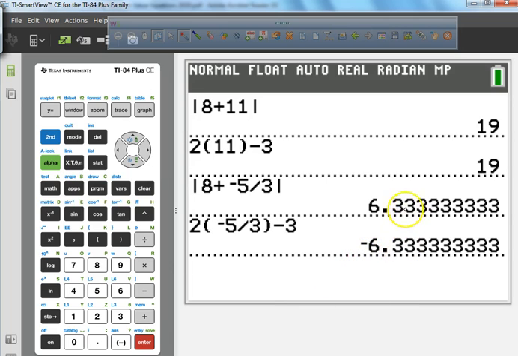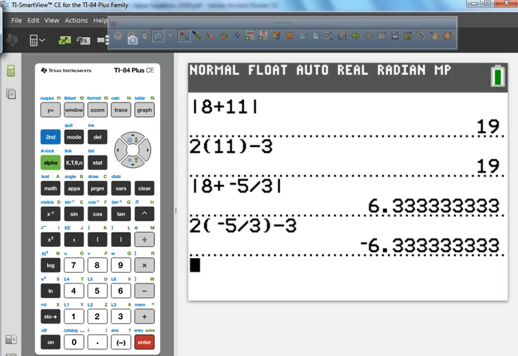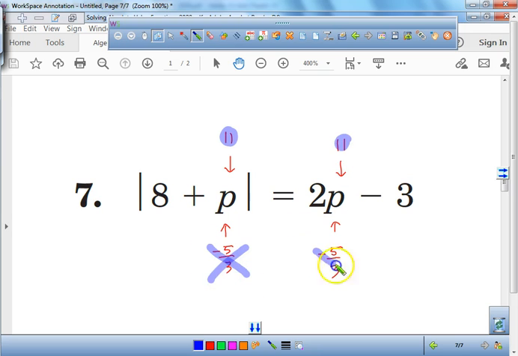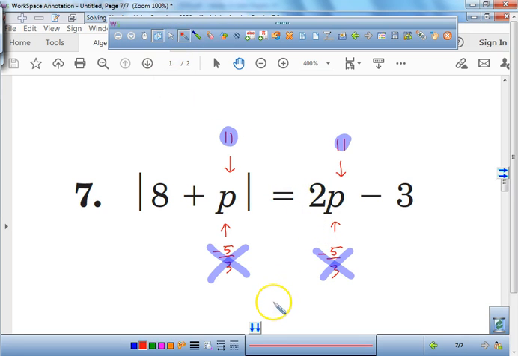Negative 6 1/3. Do these match? They don't match. So what answer works when we plug it in? The 11. This one works. Which answer doesn't work? That one right there. So what I want you guys to understand is sometimes you might solve everything perfectly, but an answer does not work.